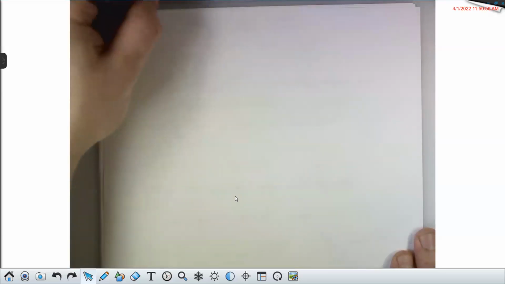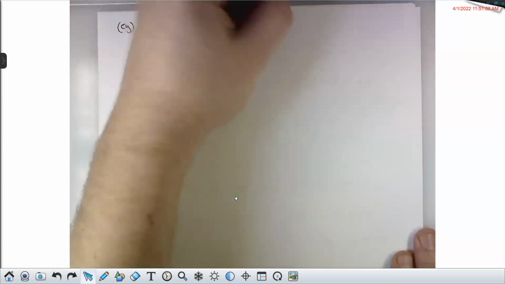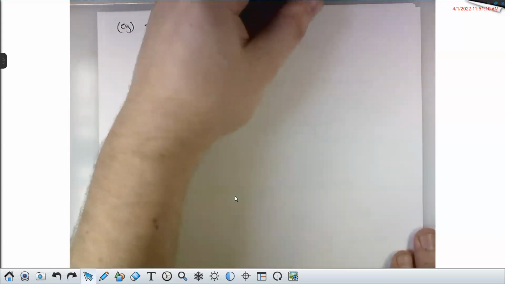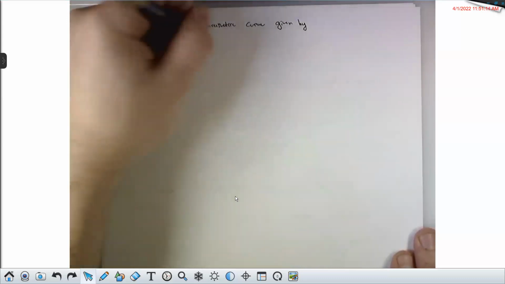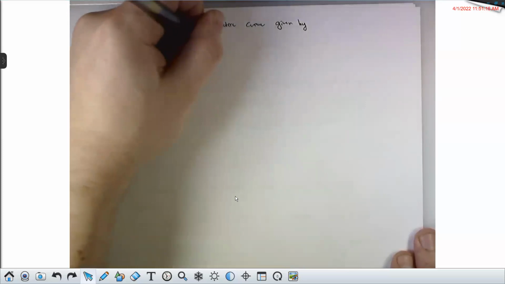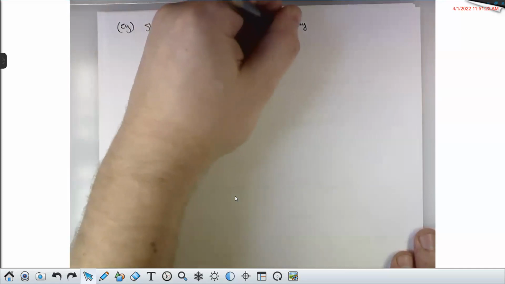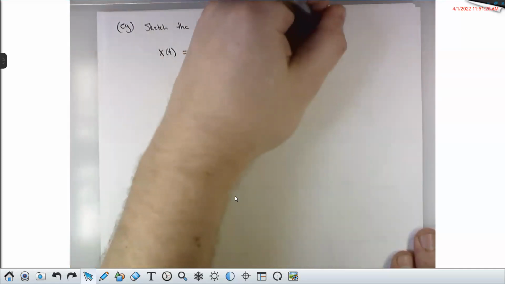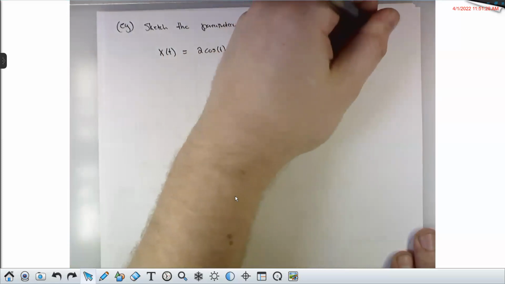Let's sketch a parametric curve given by x of t equals 2 times the cosine of t, and y of t equals the sine of t, where let's say 0 is less than or equal to t is less than or equal to 2 pi.